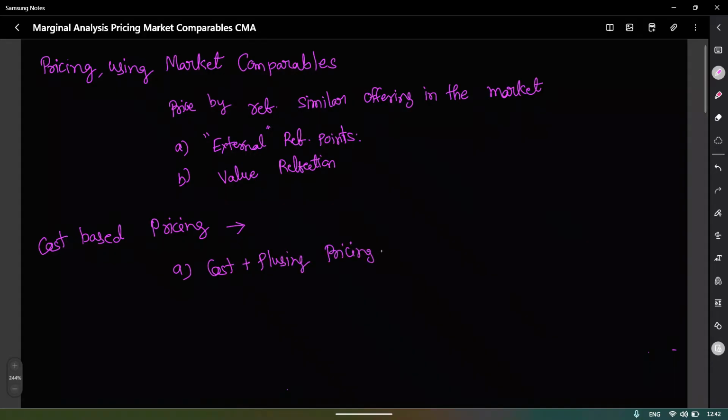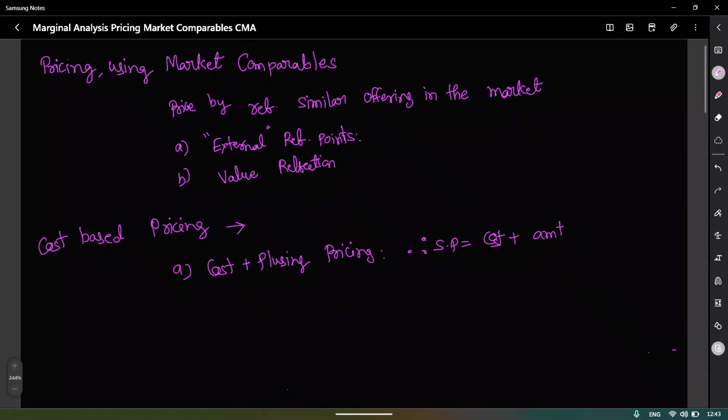Cost-plus pricing means a fixed monetary amount is added to the product's cost to arrive at the selling price. So selling price is equal to cost price plus some value addition we will add. A fixed monetary amount we will add to get this selling price.